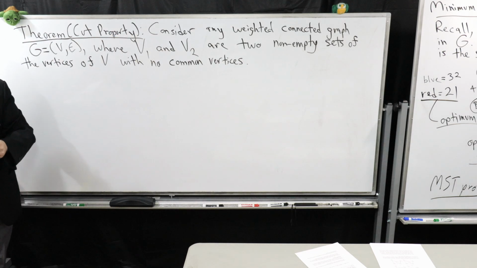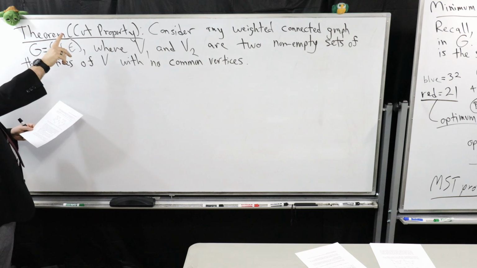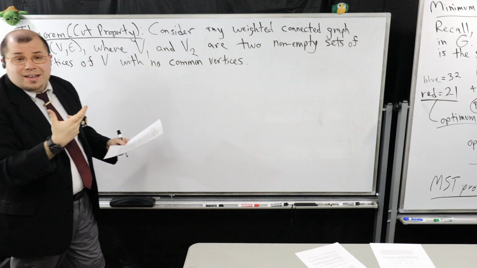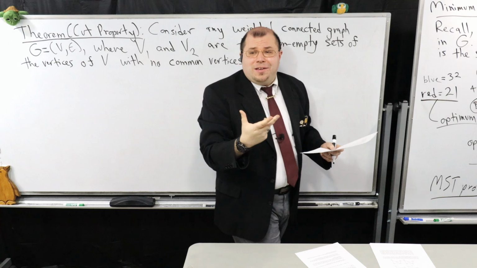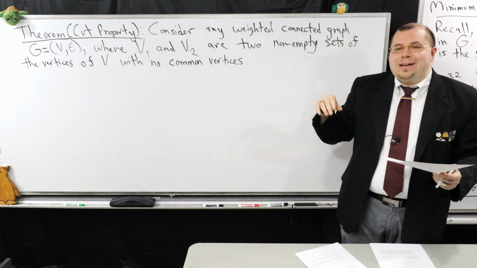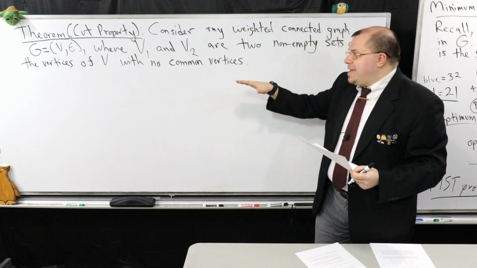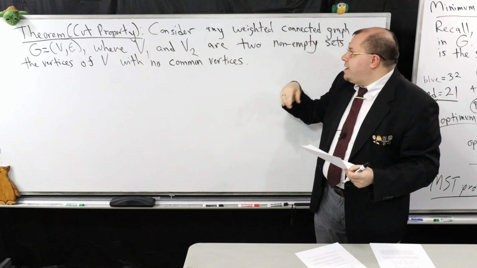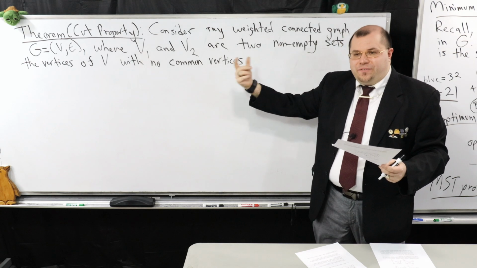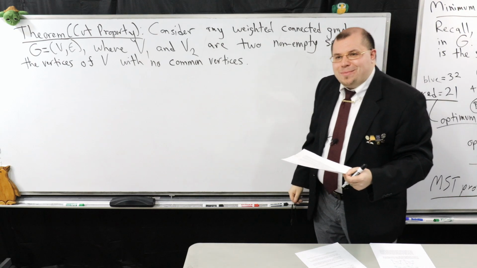For example, if V1 and V2 contain all the vertices, we have a name for this that starts with a P. Does anybody know what I'm referring to, by any odd chance? I'm not going to ask you to know this, I'm just curious. So say V1 and V2 contained all of the vertices of V, but did not have any elements in common.